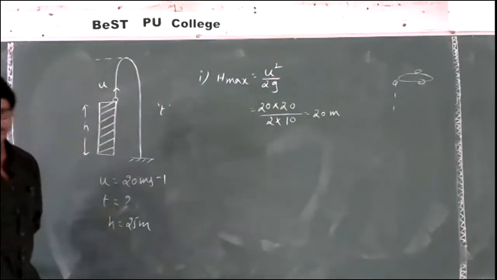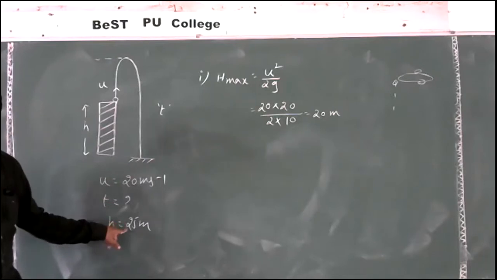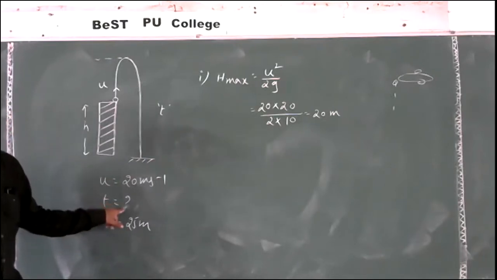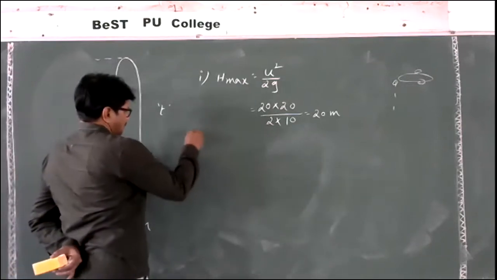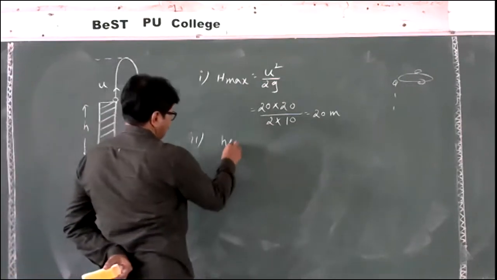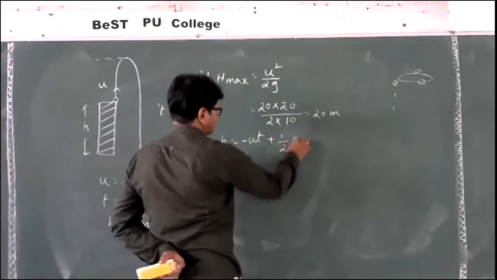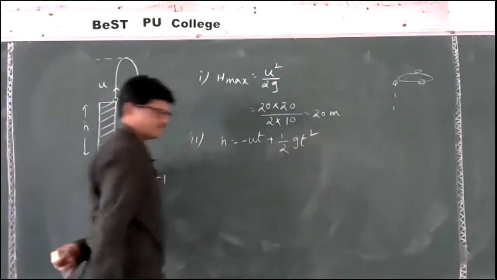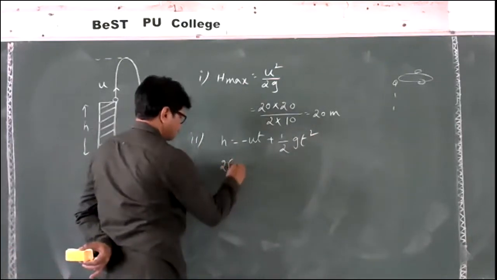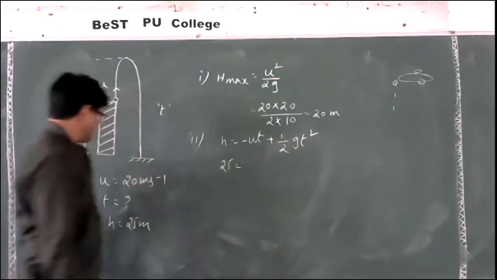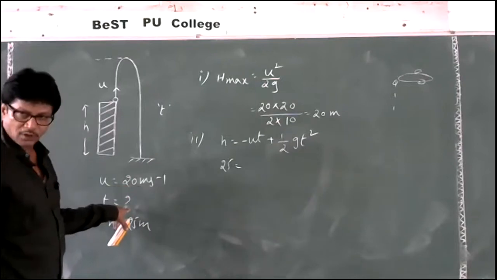Next thing is, how much time will it take? He gave the u value and the h value, and he is asking us to find the t value. Then obviously, the one beautiful formula we have: h is equal to minus ut plus half gt square. h is equal to 25, u is equal to 20, t we don't know.